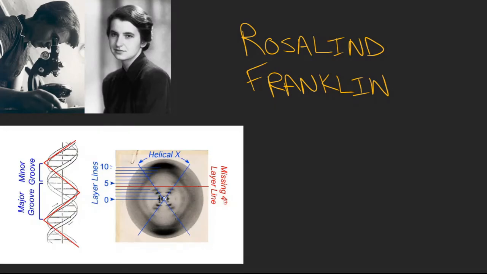And so here's why. Looking at this photo, if you understand X-ray crystallography, which I don't very well, what I do know is that the helical structure of DNA, this zigzag pattern that you can see, is formed because of the way that the helices align and you get these major and minor grooves. When the X-rays would strike this, they would come off at perpendicular angles to the helix.